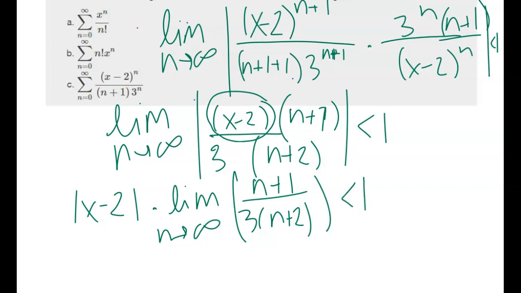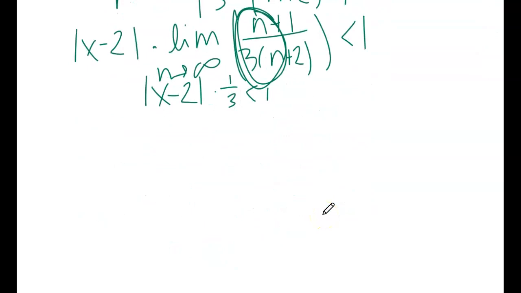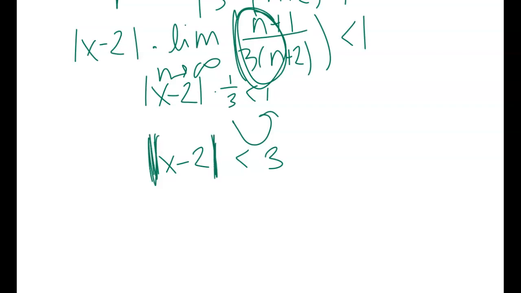All right, using our long-term rules, I know this is going to be 1/3, so absolute value of x minus 2 times 1/3 is less than 1. And then let's solve some inequalities here. So the center is at 2, but this absolute value inequality means that this must be sandwiched between -3 and 3, right?